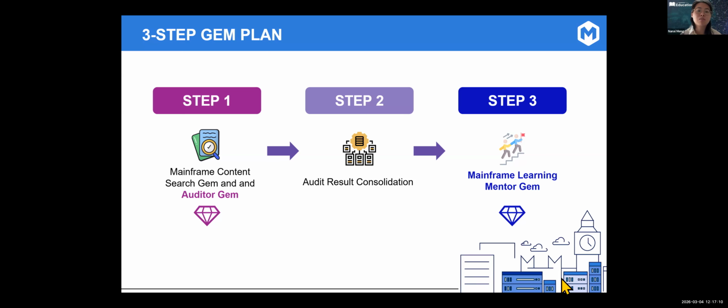To build out this gem, we divided this into 3 steps. Step number 1 we further divided into 2 sub-steps. In step 1, we built a gem just to perform the exhaustive search on Google Search on anything related to mainframe learning content, and we set the search date back to 2000.